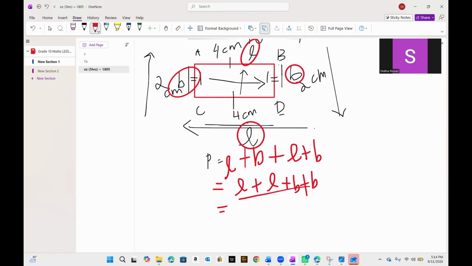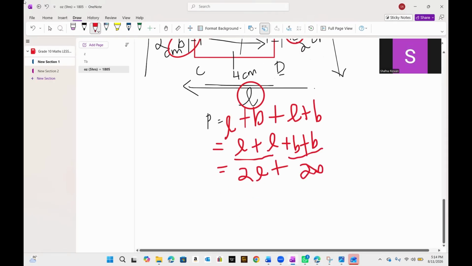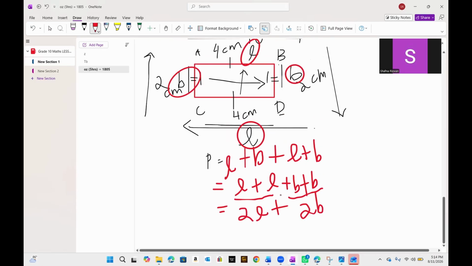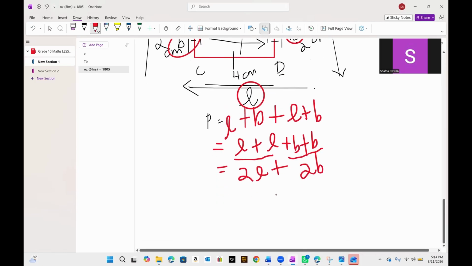L plus L will give you 2L. Plus B plus B will give you how much? 2B. Then 2L plus 2B.